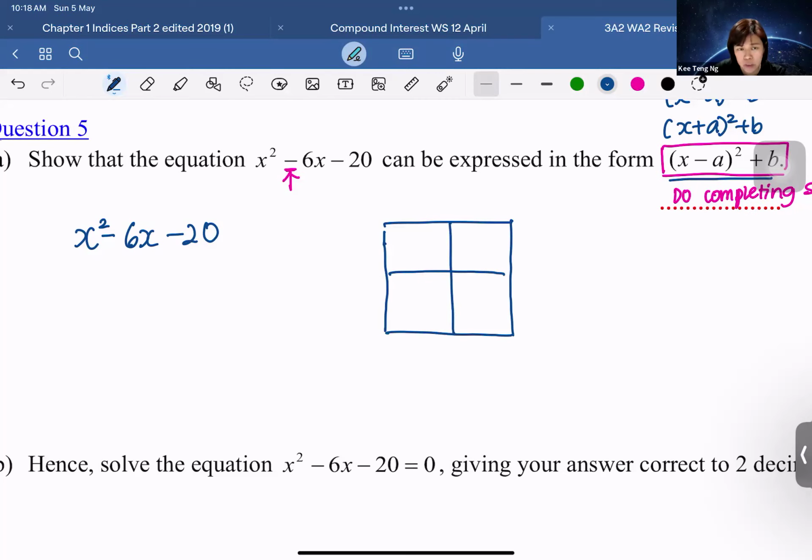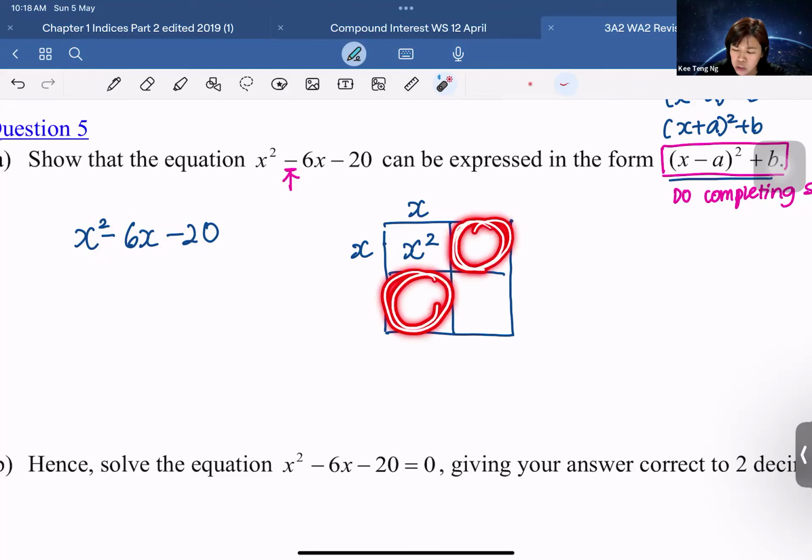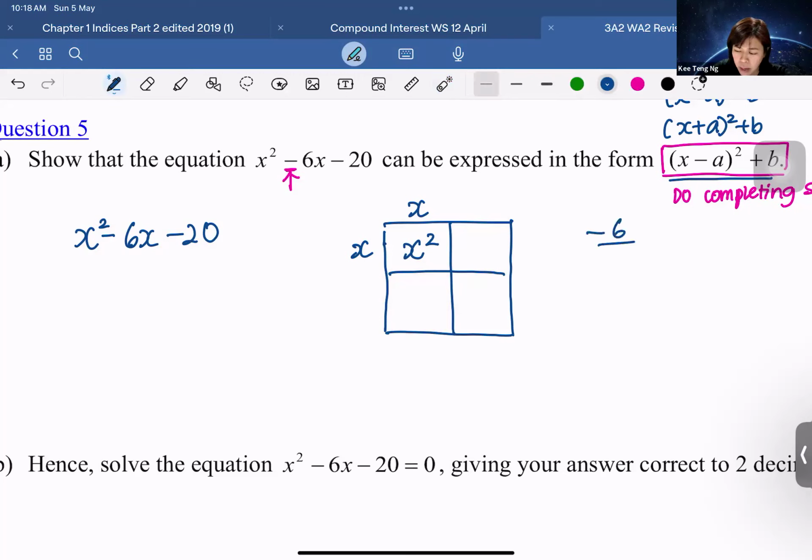We'll always begin with x squared. So x times x gives me x squared. Next thing, I need to look at -6x. I need to split -6x into 2 equal portions over at these two sides. How to split -6x into 2 equal portions? I'll divide by 2.